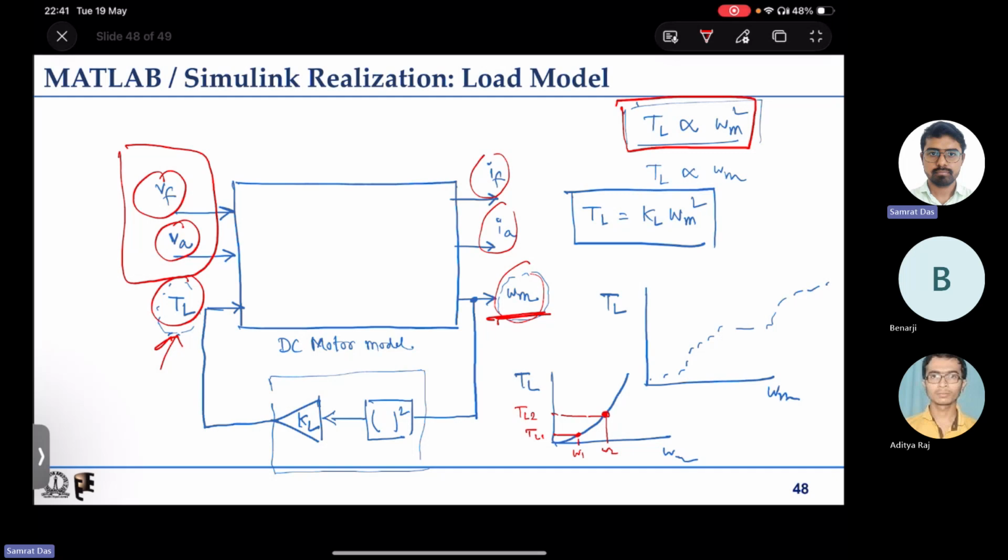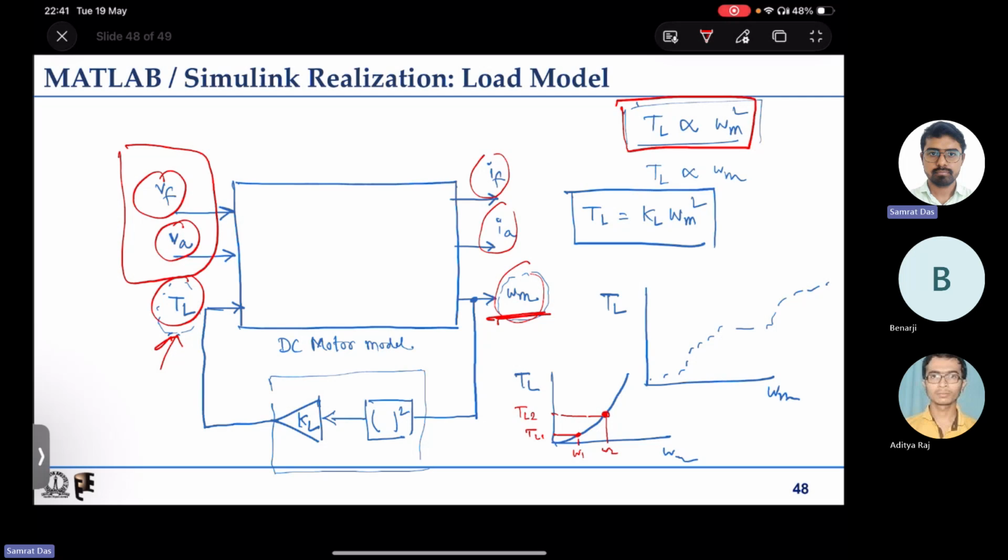You want to run at a specific speed, or you want to deliver a certain torque. Both are interdependent. Nothing is completely independent. We cannot independently control speed. We cannot independently decide what the load torque is. They are basically interdependent.